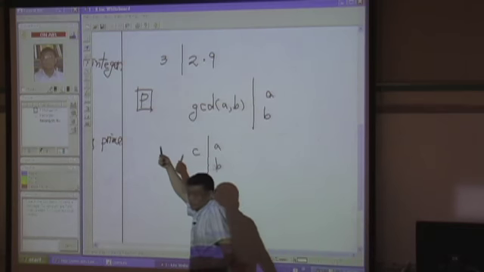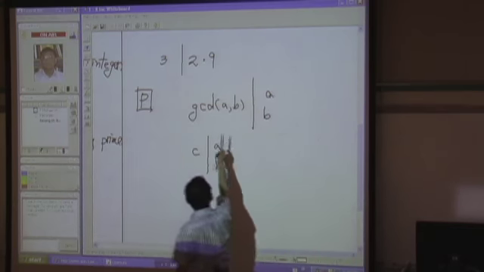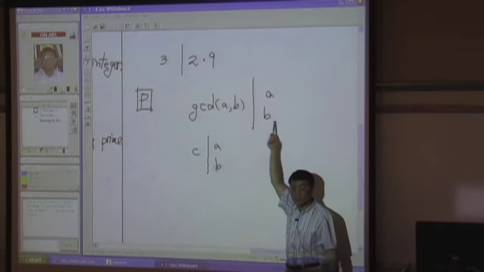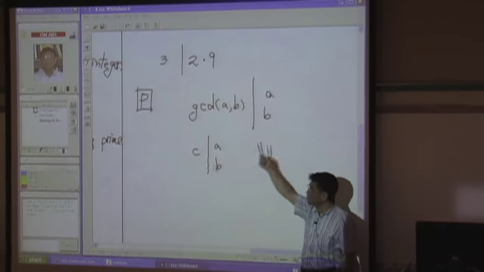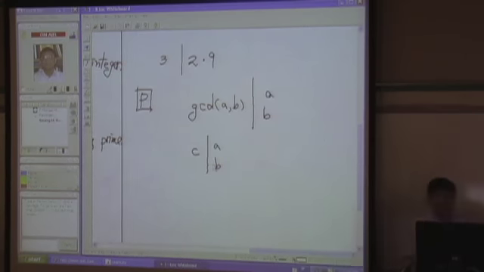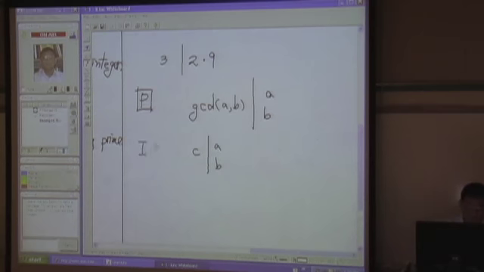Because by definition, the GCD is a common divisor of A and B. So the GCD divides both A and B. Do you follow me? Now assume that C divides both A and B. Then what is the conclusion? C divides the GCD of A and B.